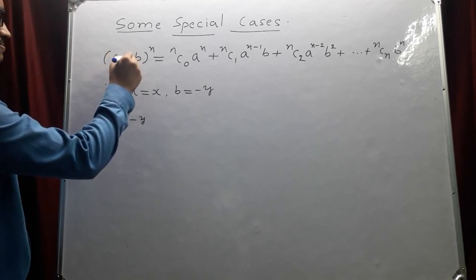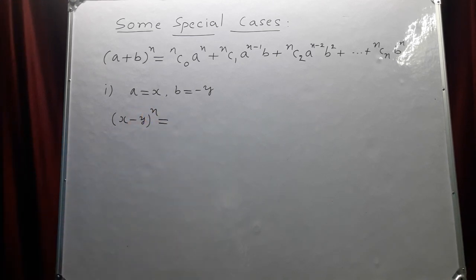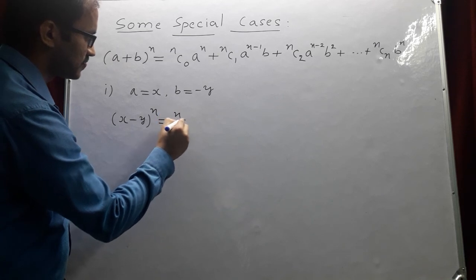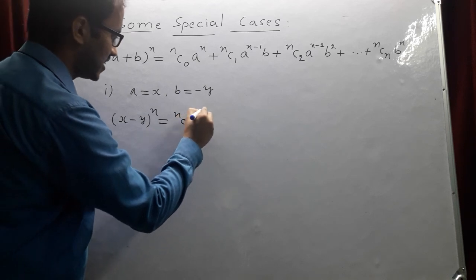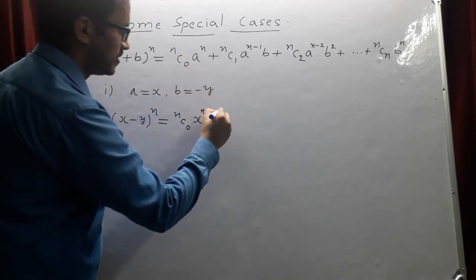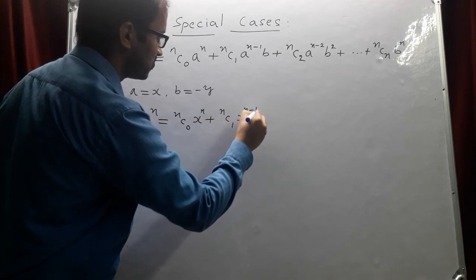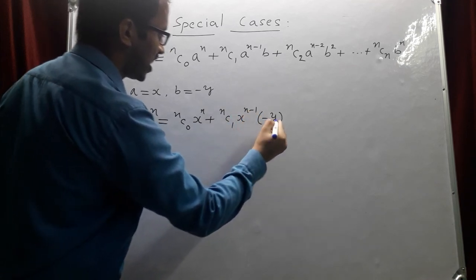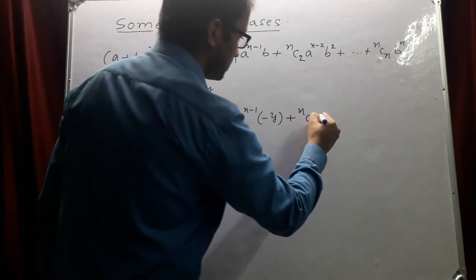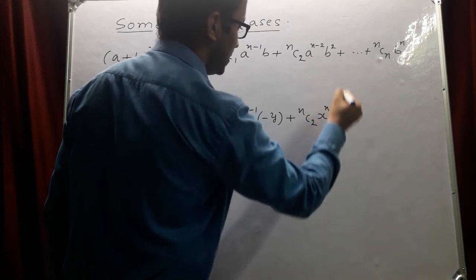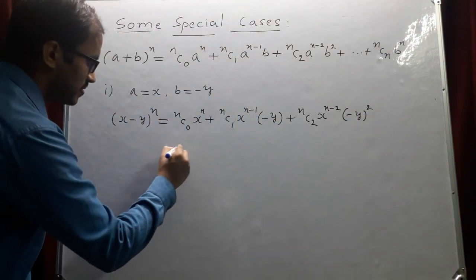So a plus minus y means x minus y, whole power n, is equal to nC0 x power n plus nC1 x power n minus 1 times minus y, plus nC2 x power n minus 2 times minus y whole square, plus so on.